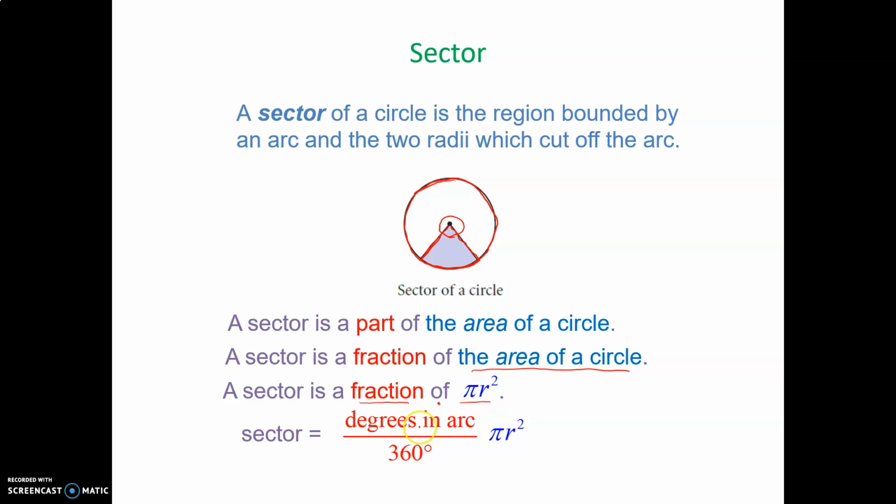To figure out that fraction, I would say the degrees in the arc, or the degrees in the angle, they're both equal. So the degrees in the arc or that angle over a whole 360, that's going to be the fraction that this pizza slice is of the whole area of the circle.